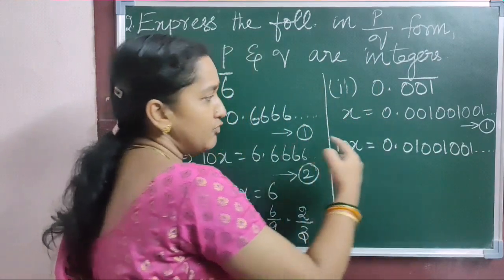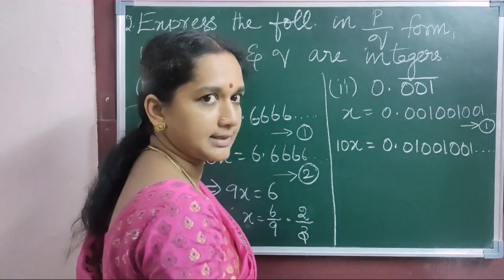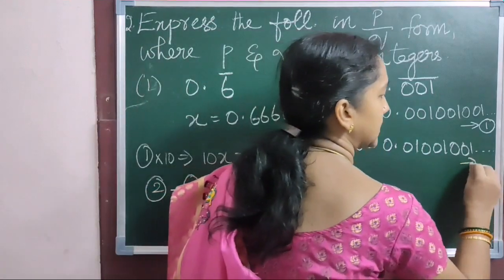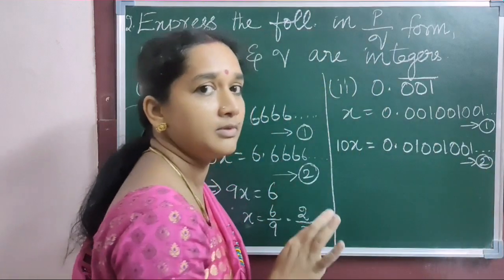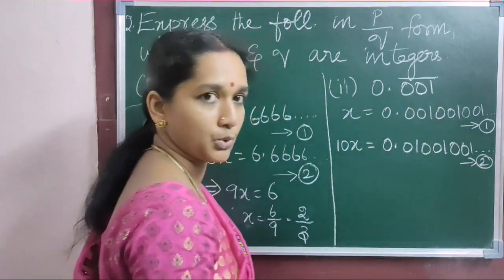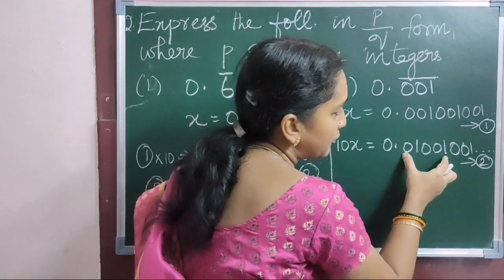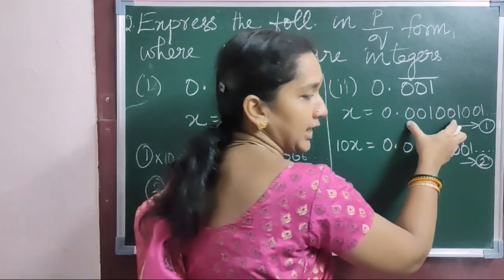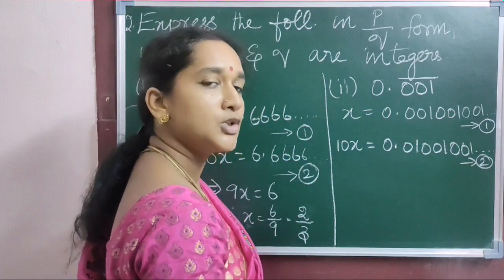Like the previous sum, when you subtract both of these, is there any use for that? No, nothing. There is no use in subtracting these two, because you have a different decimal number here and a different decimal number here. So what will we do?